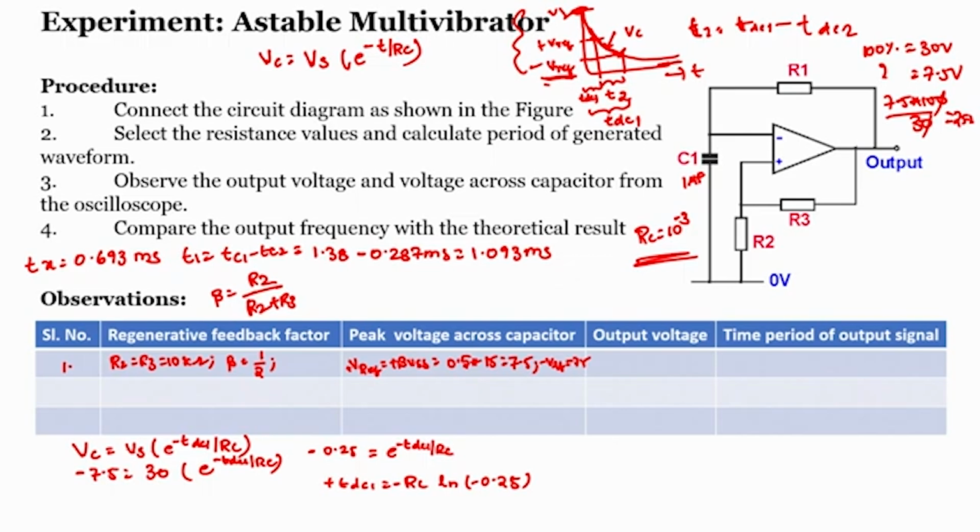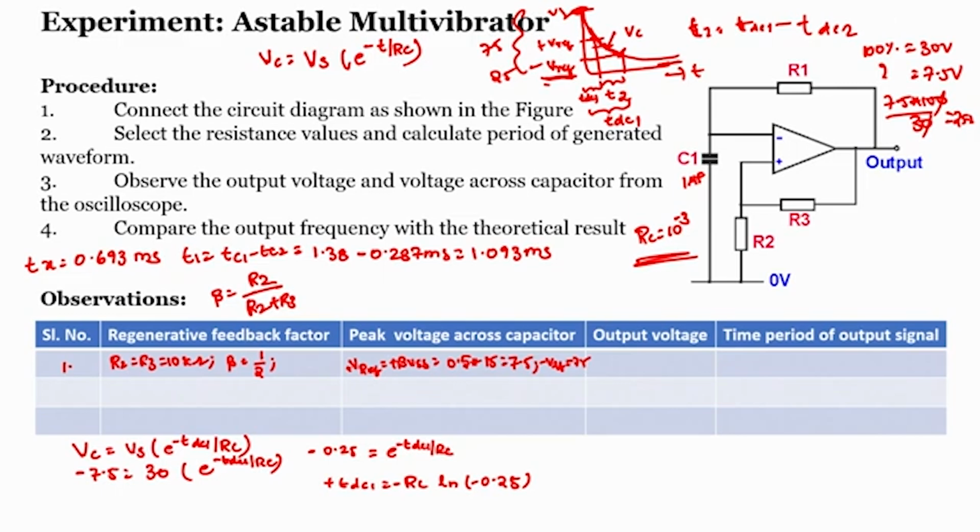So this is 25%, this is 50, and this 7.5 is 75. Now from minus 15, 25% is minus 7.5, another 25% is 0, and from 0 to plus V reference is another 7.5, which is another 25%.